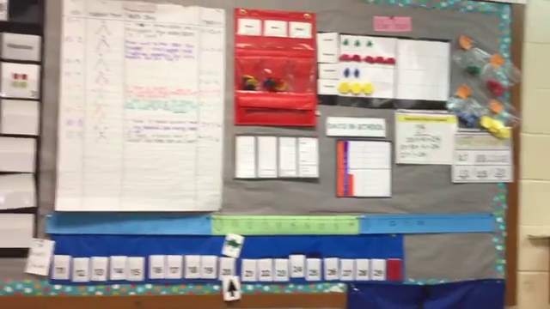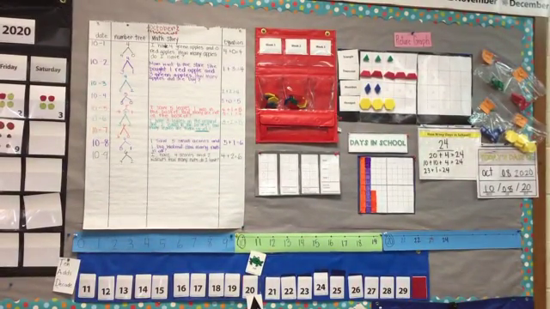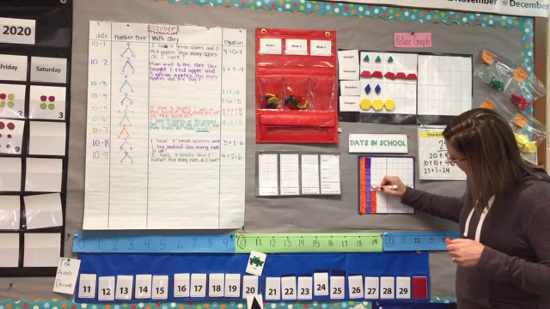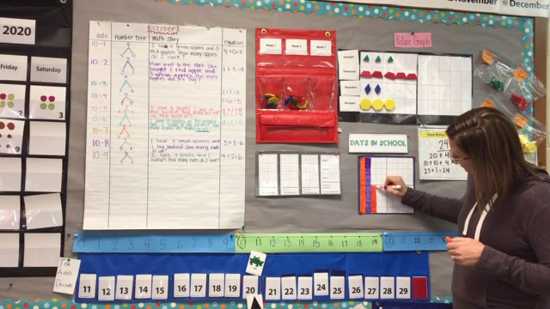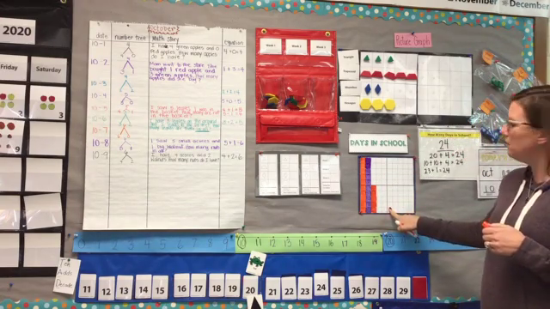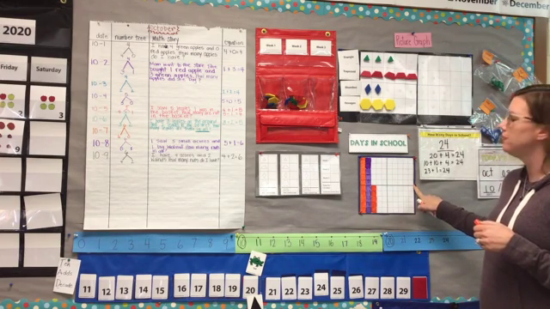Okay, let's slide this over. So let's add another day in school, and you can see that I'm getting up to this black line right here in the middle, that big cross that we talked about, that divides our 100 chart in half, okay?